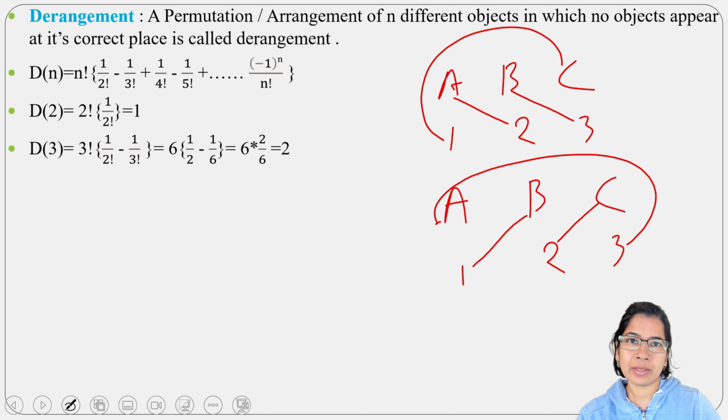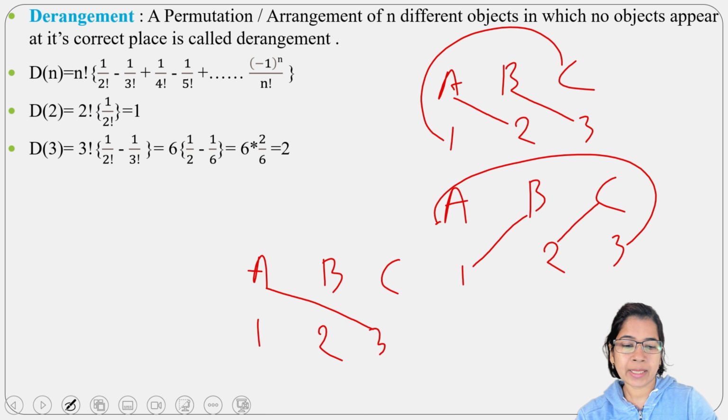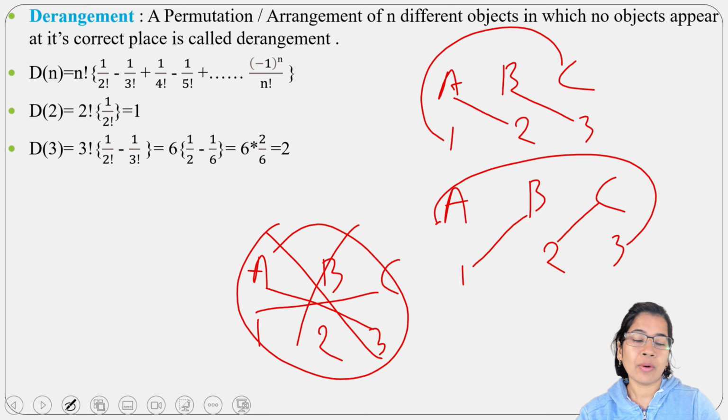So that is another derangement. Suppose A is placed in 3, C is placed in 1, B is placed in 2. Now B will be in its proper place, right? Derangement means no object will be in its proper place. That's why this is not possible. Only when every object is placed in another place, that is the derangement. So D of 3 equals 2. There are 2 possibilities.